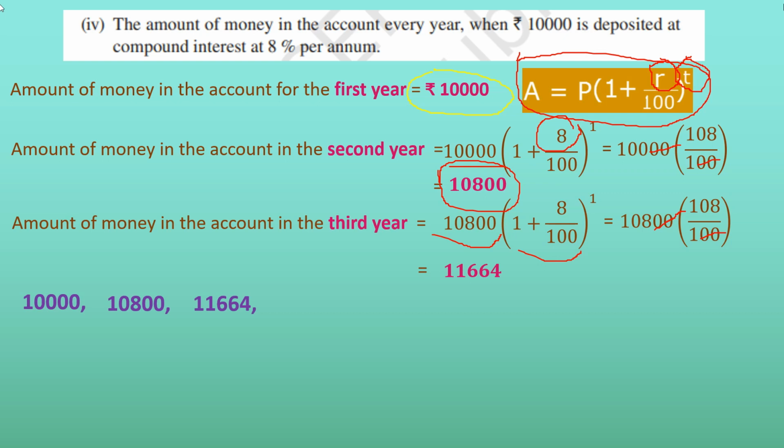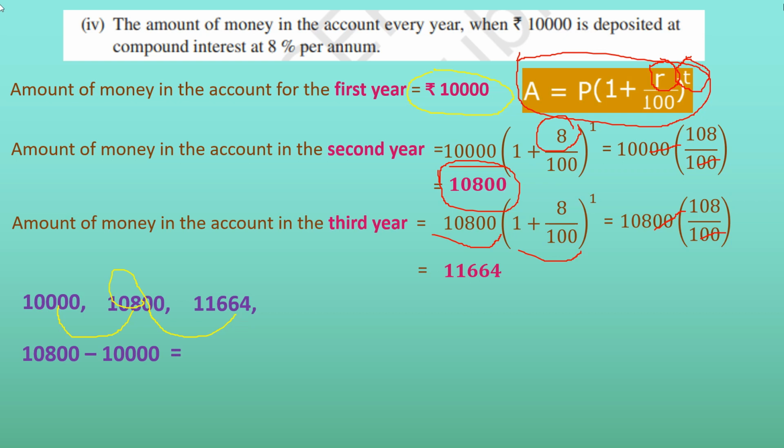So we find A2 minus A1, where A2 is 10,800 and A1 is 10,000, and then A3 minus A2. If the difference of these two consecutive terms is the same, then we'll say they are forming an AP.